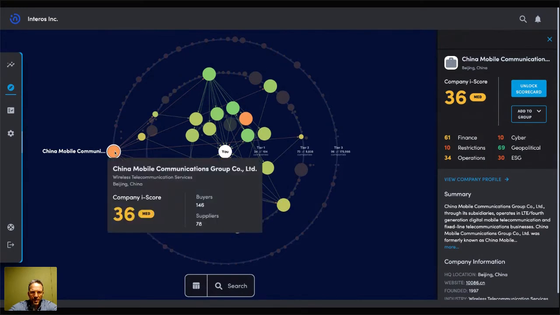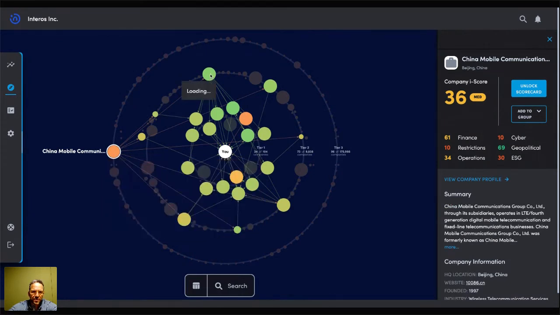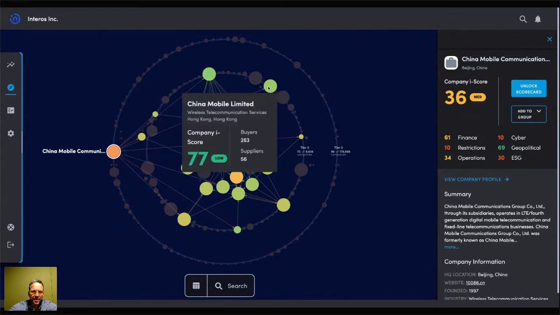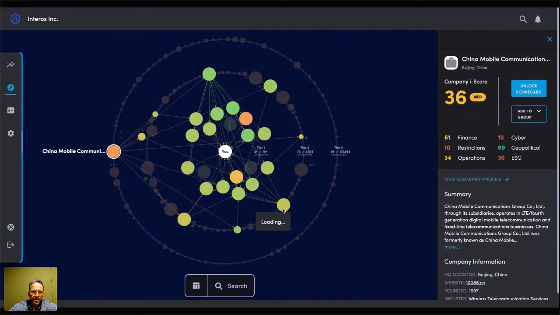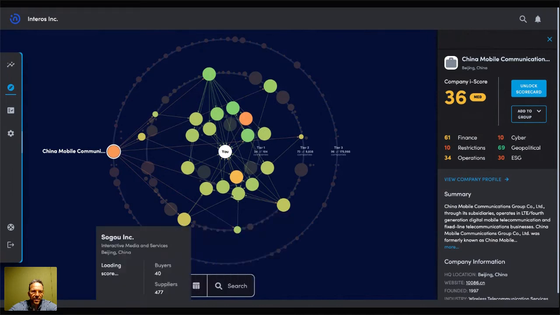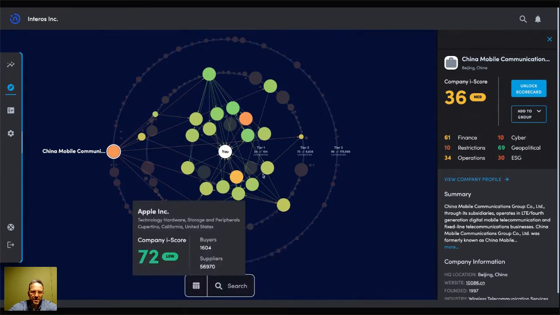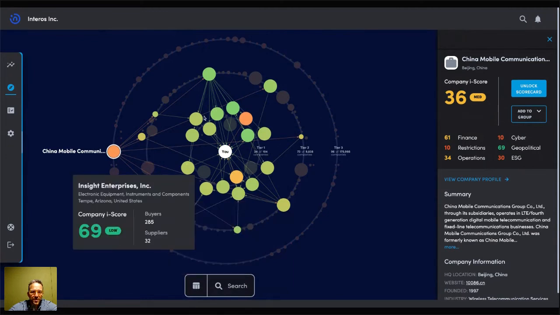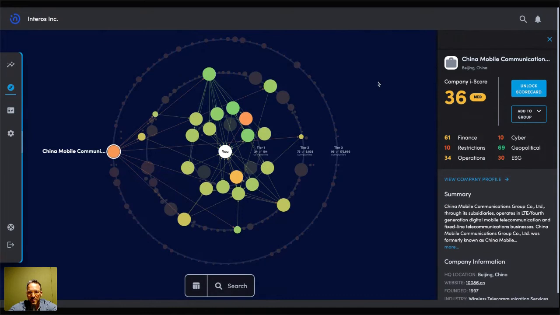So China Mobile Communications is on my tier 3, but it connects multiple companies in my ecosystem, right? It connects to several on my tier 2, like BlackBerry Limited, China Mobile, Baidu, which also connect to several on my tier 1, which is actually almost my entire tier 1 system, as I'm looking at it, right?